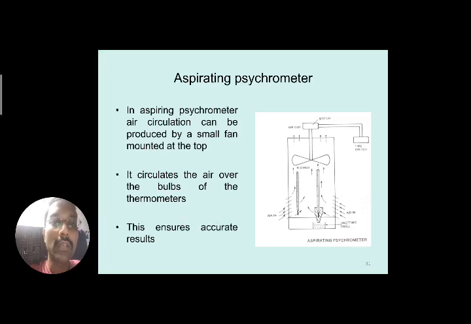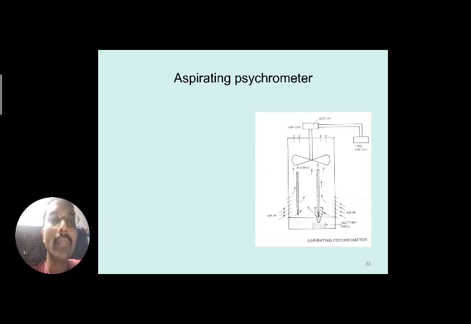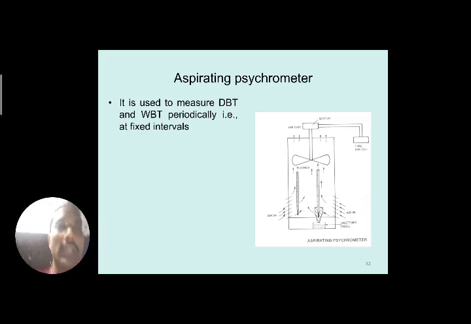Since the air circulates over these thermometers continuously, accurate results can be ensured from this aspirating psychrometer. It is also used to measure the dry bulb temperature and wet bulb temperature periodically, that is at fixed intervals.